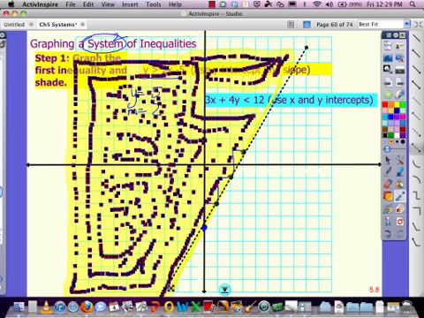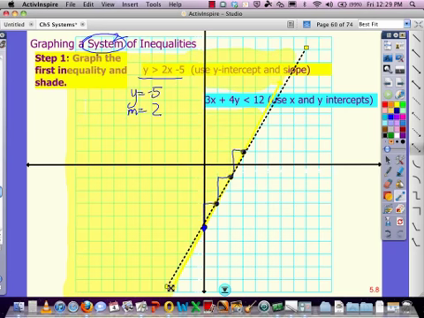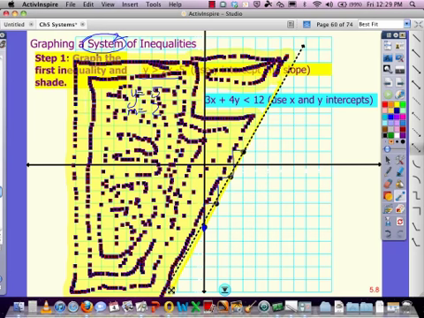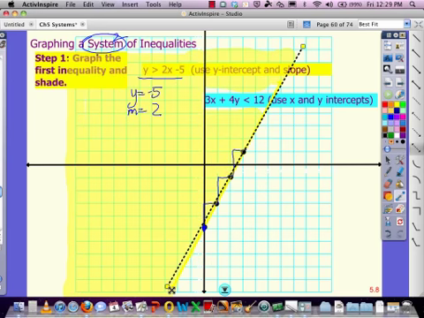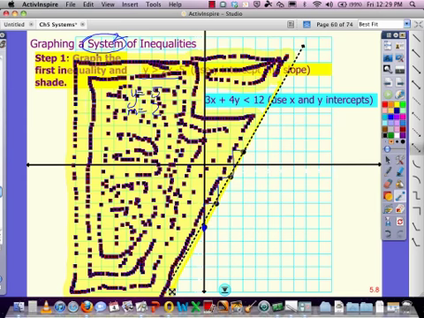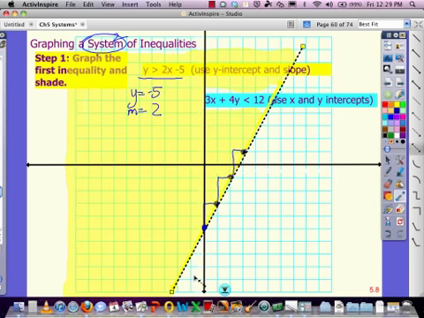Okay, so we can see our line should be dotted because of the greater than sign that we have. I'm just trying to get it lined up with the rest of the other points. Good enough for now. You got the idea.